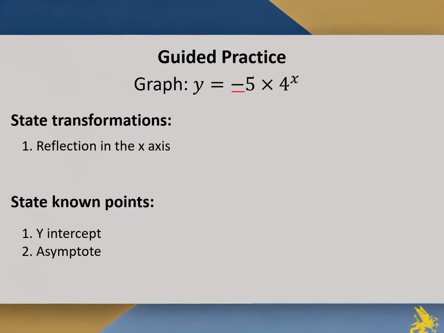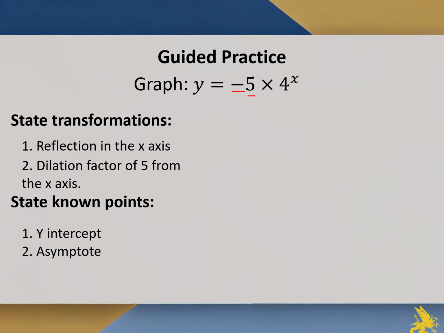So a reflection in the x-axis, because my y value is going to be changed, and put a negative there. The next thing I need to think about is the dilation of 5. This 5 is focusing on my y value, and then I'm timesing it by 5. So I'm pushing away from the x-axis.